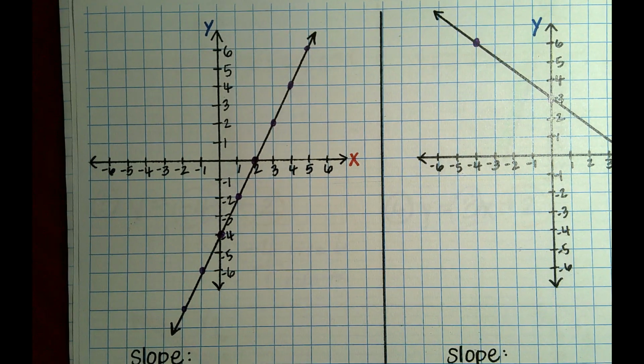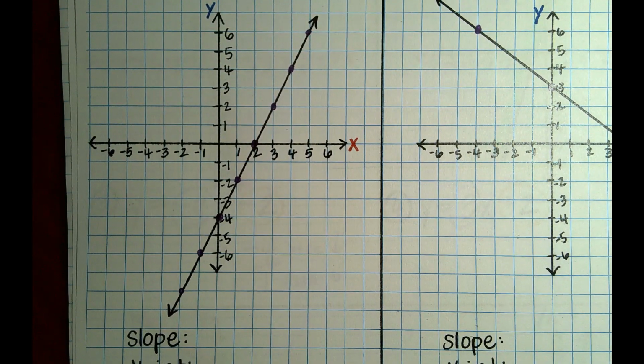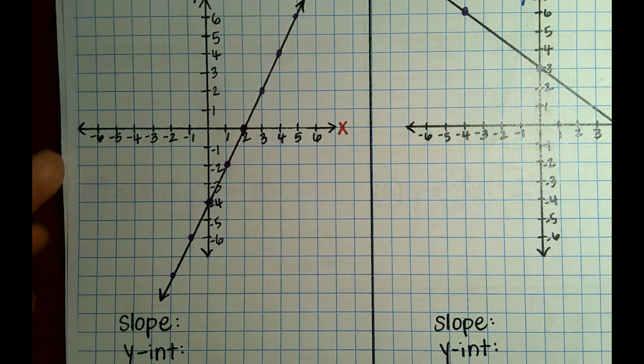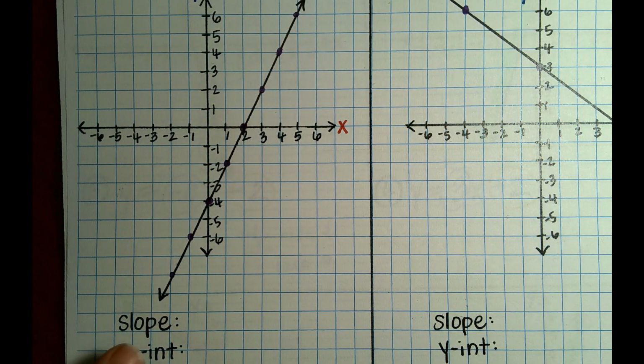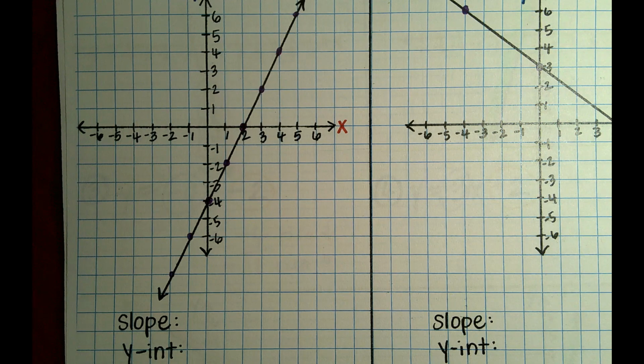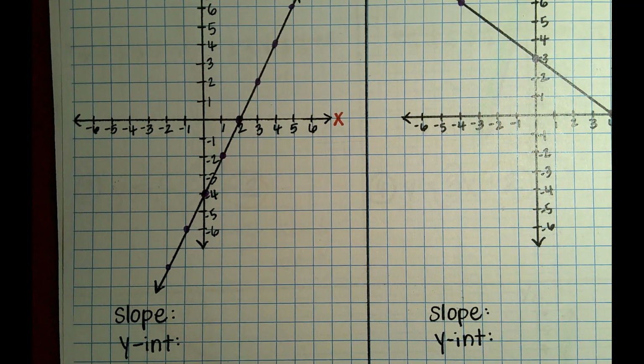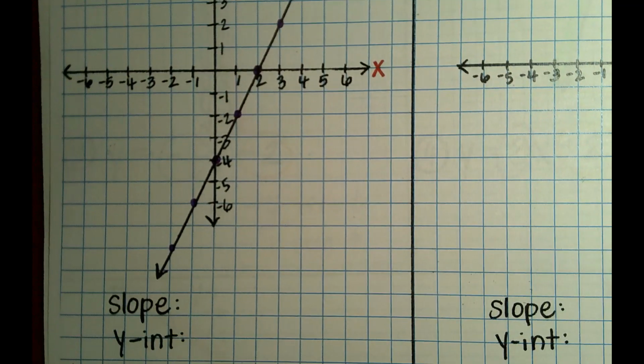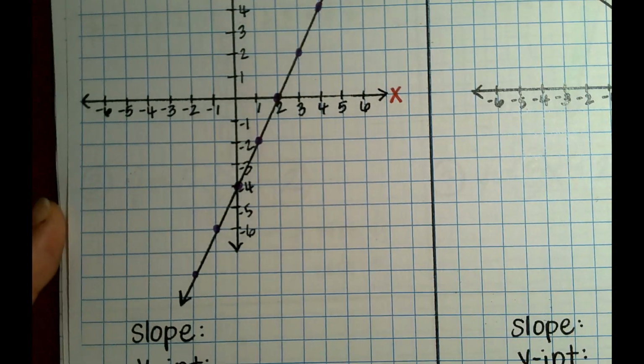We're going to work backwards and we're going to write the equation of this line just by identifying the slope and the y-intercept.